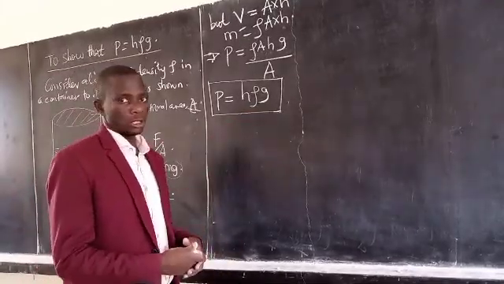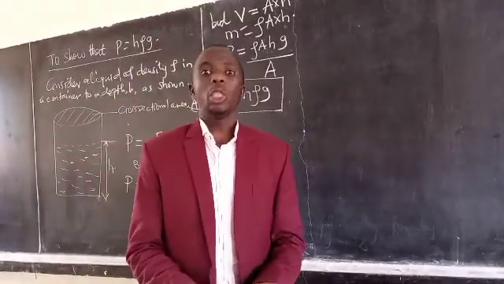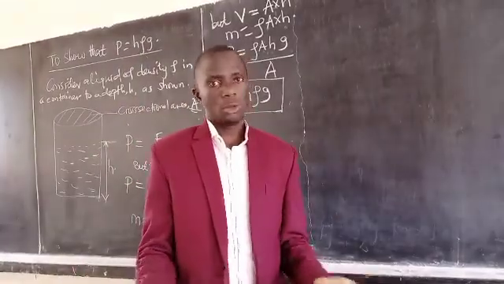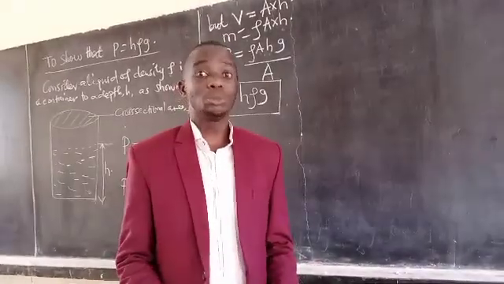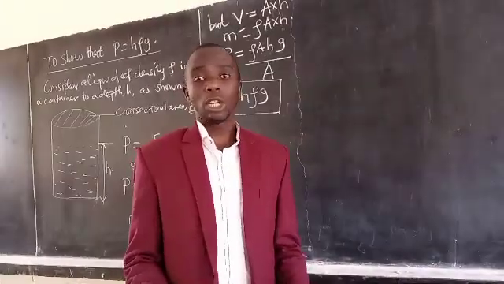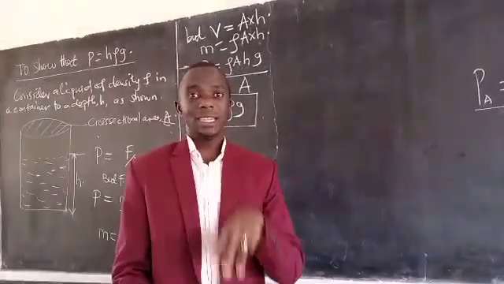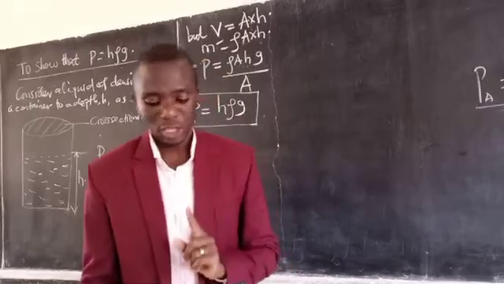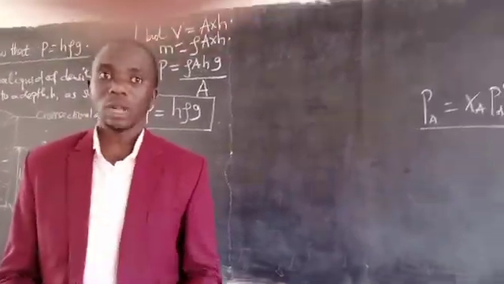Then g, much of the time we shall be taking g as a constant, though you may move from this planet to another one, or even on this earth, the g will be different depending on some conditions, so it can also affect. So therefore we have the three: h, rho, and g. I don't want to go far in explaining that. We shall come to that one later.